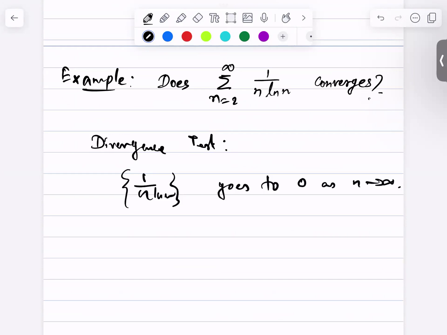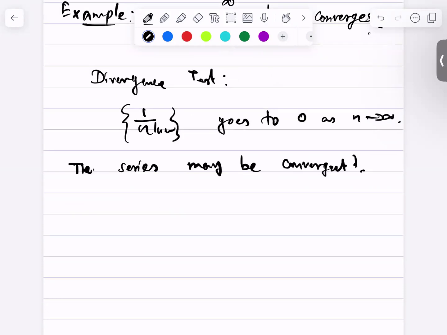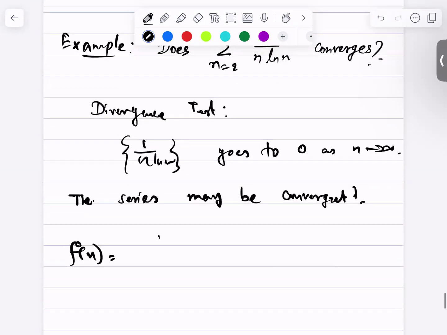Because I have n and ln n, so it's sort of like 1 over some big quantity when you replace n with infinity. So therefore, the series may be convergent. Now use the integral test. If I take f(n) to be 1 over n ln n, then f is a positive function and decreasing.